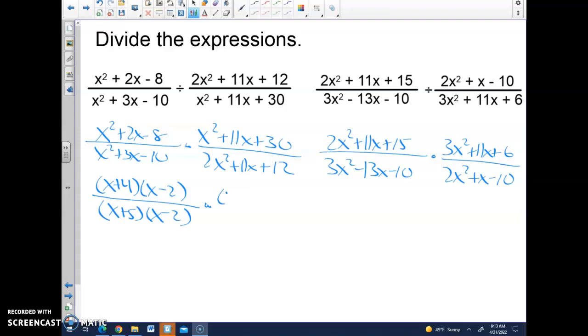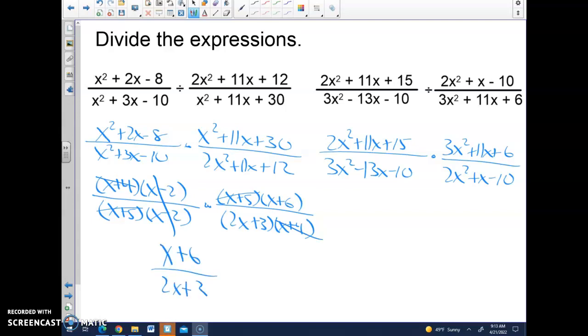Here, x plus 5, x plus 6. 2x plus 3, x plus 4. And now I'm simplifying vertically and diagonally. The x minus 2's go vertically. X plus 5 and x plus 5 goes. X plus 4 and x plus 4 goes. And I'm left with x plus 6 over 2x plus 3.